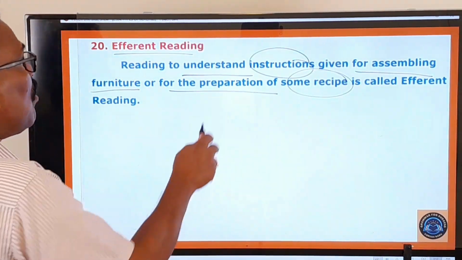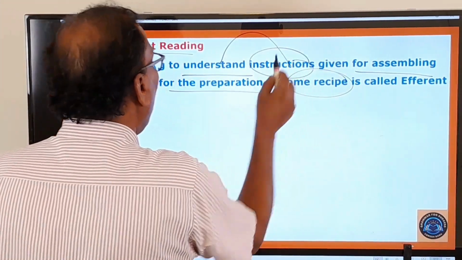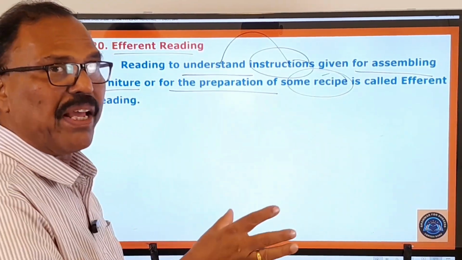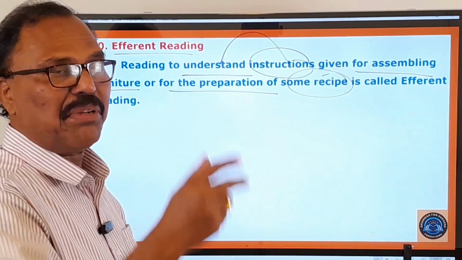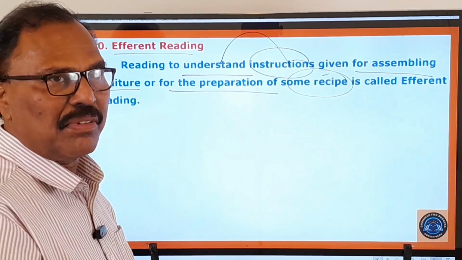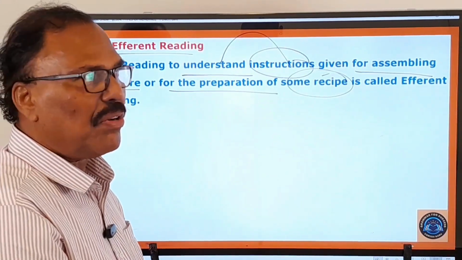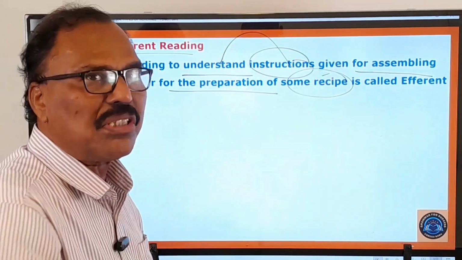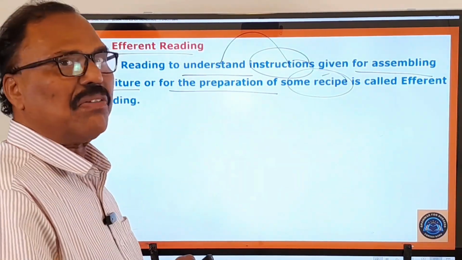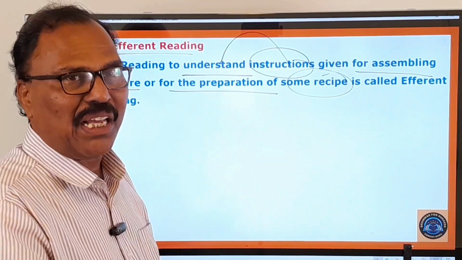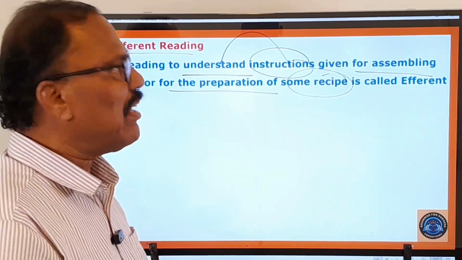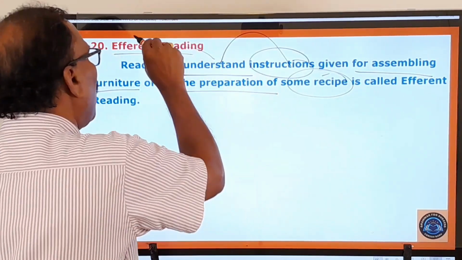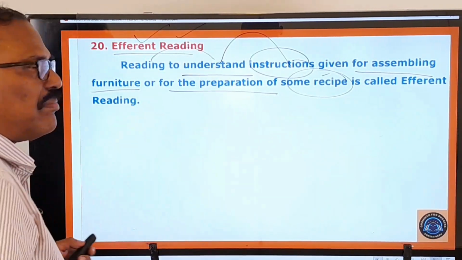So reading to understand instructions, or for the preparation of some recipe, you want to prepare some chicken biryani or mutton biryani, some instructions are given. You have to read all those instructions carefully. Otherwise, your chicken biryani will become mutton biryani or some other biryani. Okay, right. And that's why reading to understand instructions is called efferent reading.